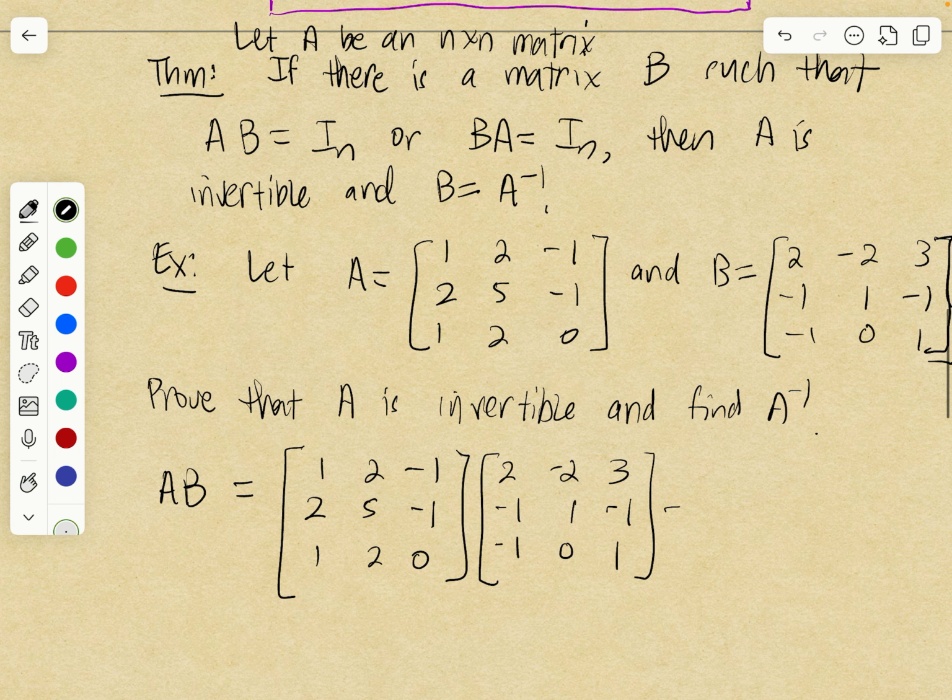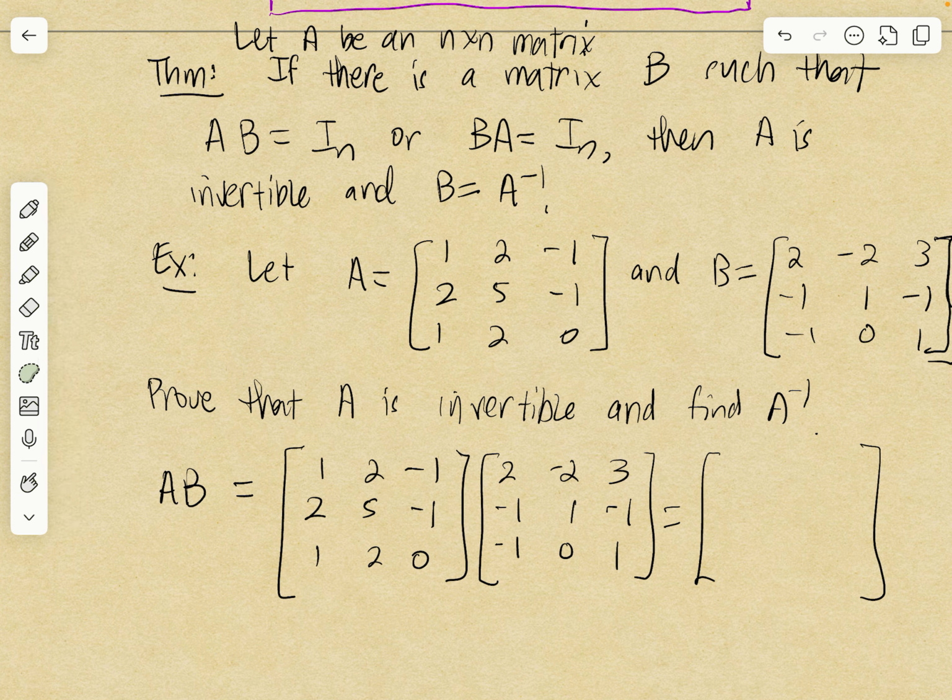Well, let's multiply. Okay, I have to do 9 computations. If I take the first row and first column and multiply them, I get 2 minus 2 plus 1 is 1.